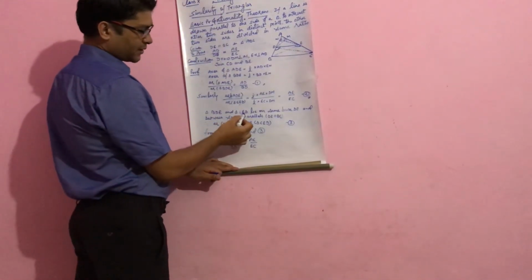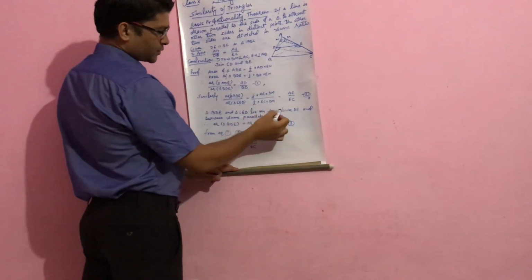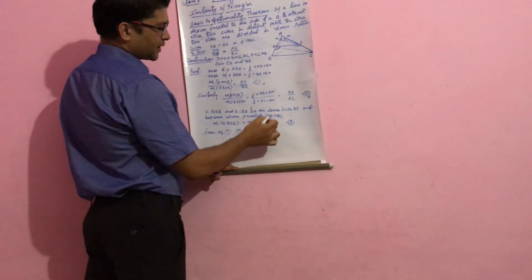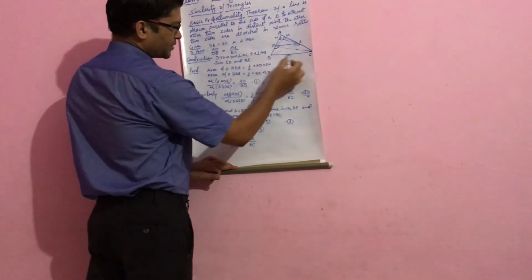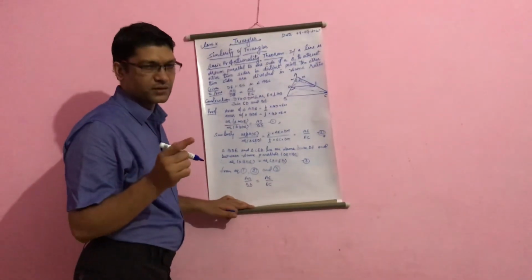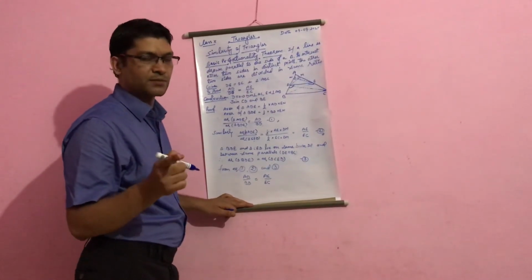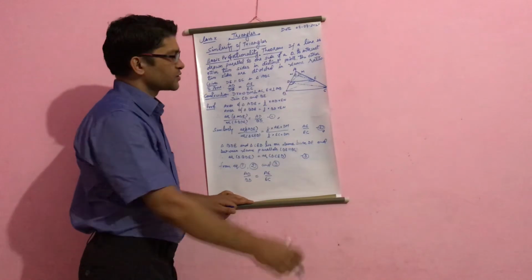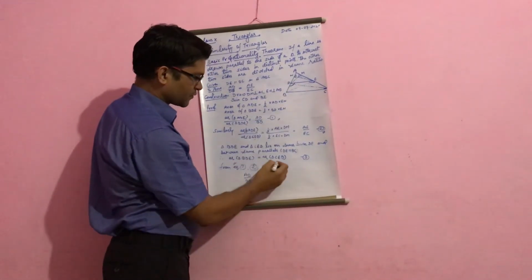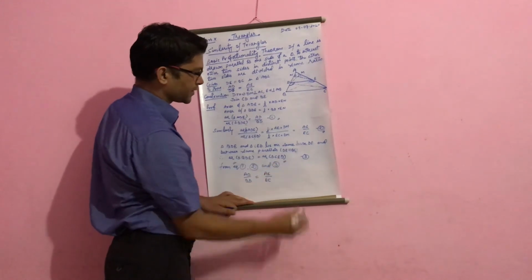You have read in class 9 that any two triangles which lie on the same base and between the same parallels are equal in area. So the area of triangle BDE is equal to the area of triangle CED.